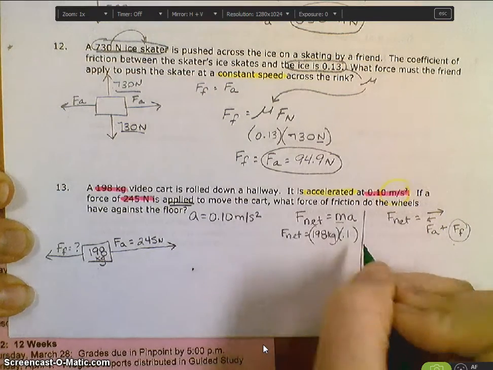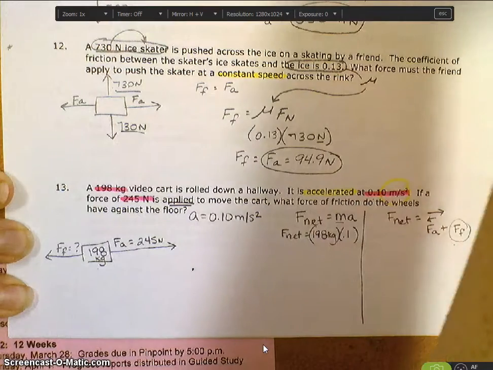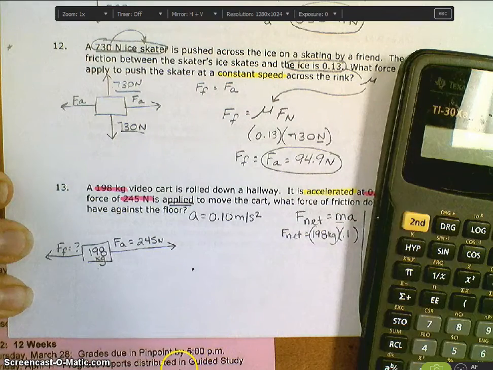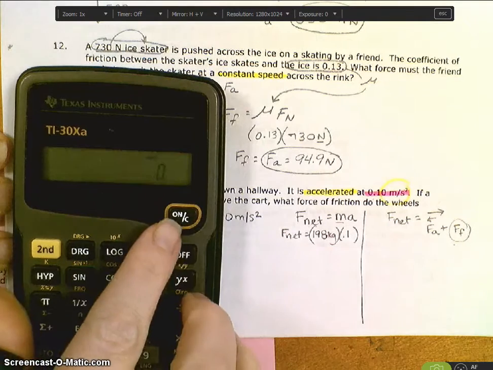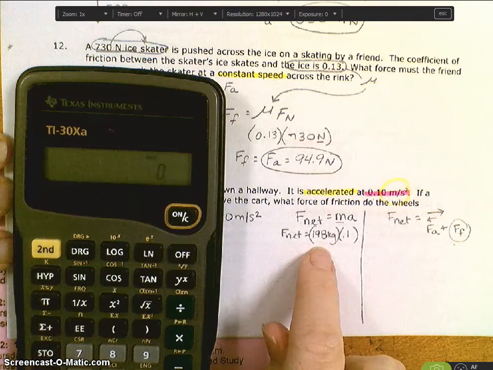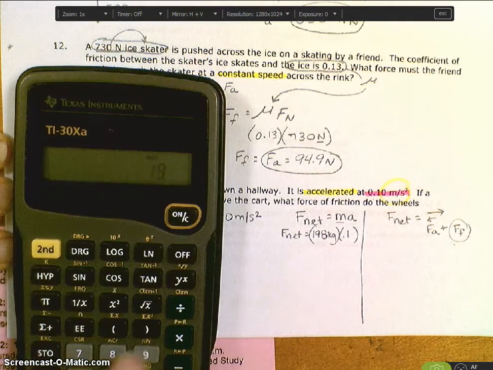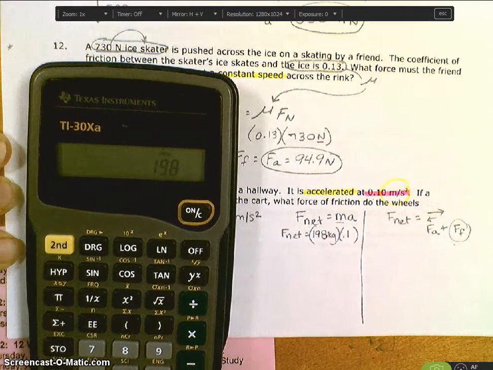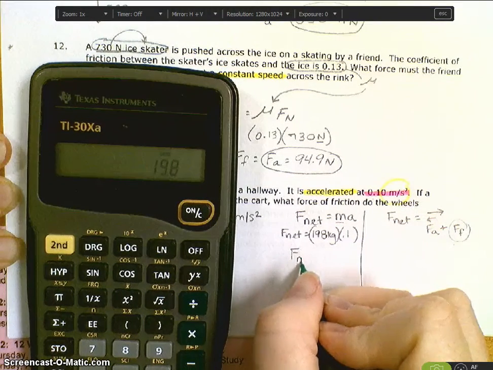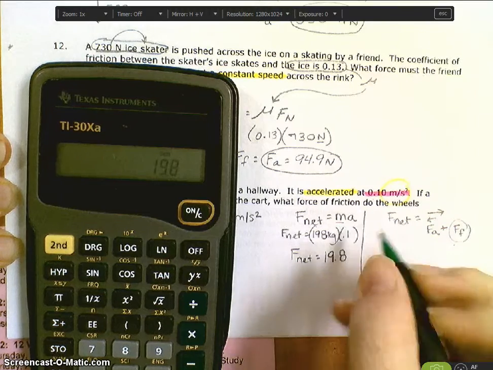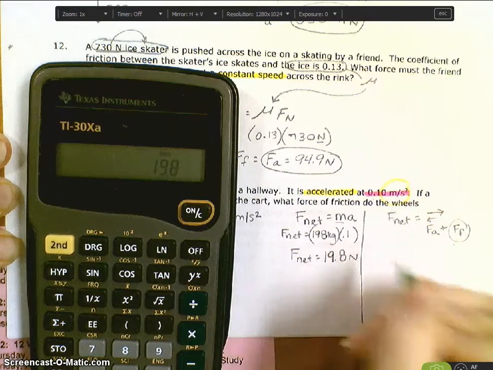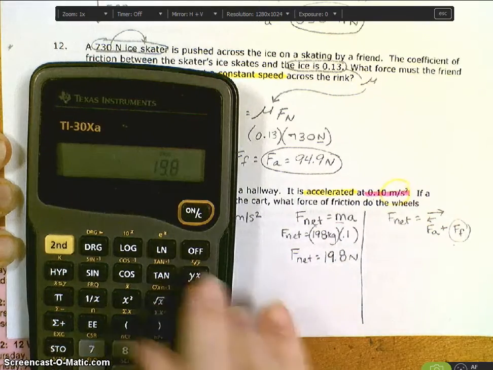I don't have room for my units, but I'm going to remember that it's acceleration. So to work this problem out, I'm going to multiply 198 times 0.1, and I get 19.8. It is a force. It's measured in newtons.